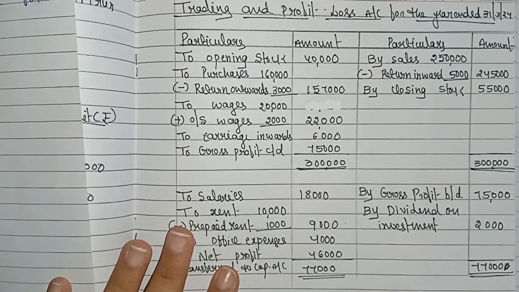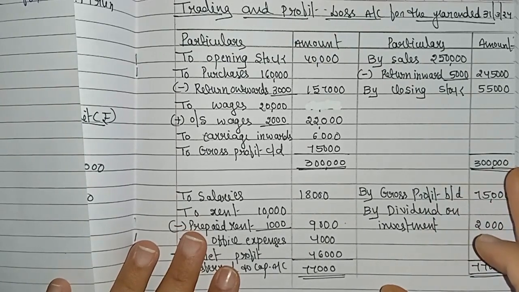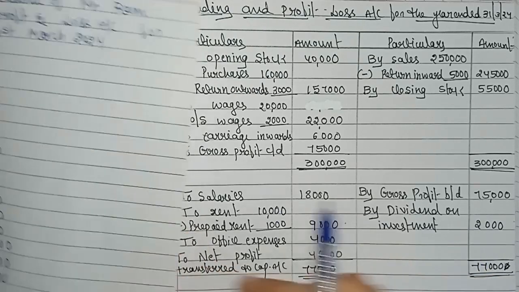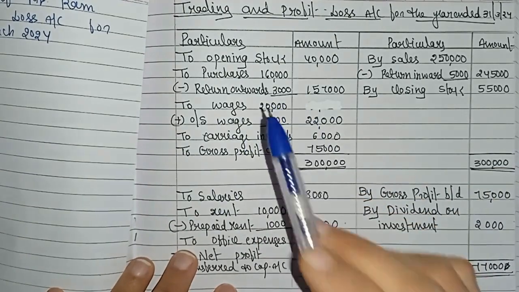Clear? So they are indirect expenses, means they are not directly involved in producing goods. Clear? So all the direct expenses we need to enter in the trading account.